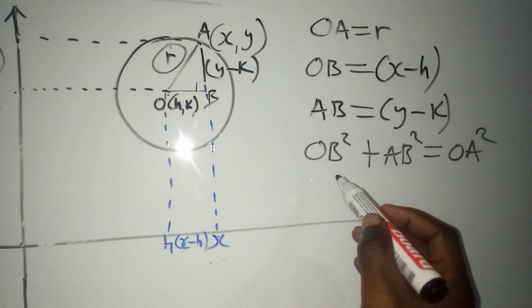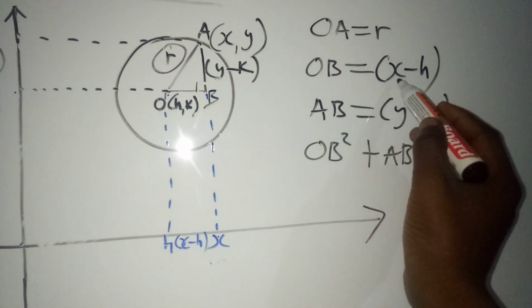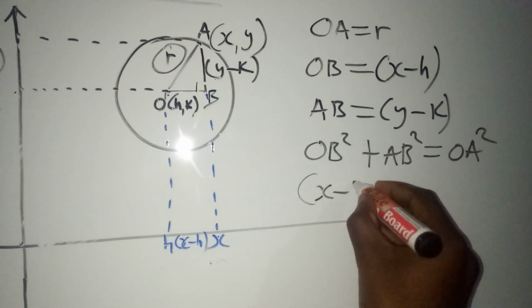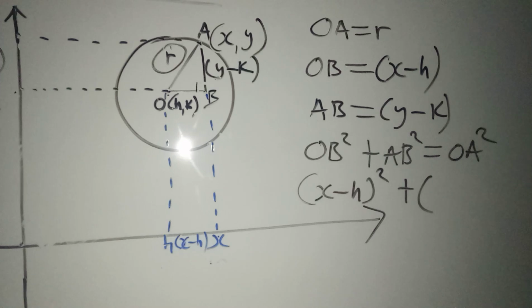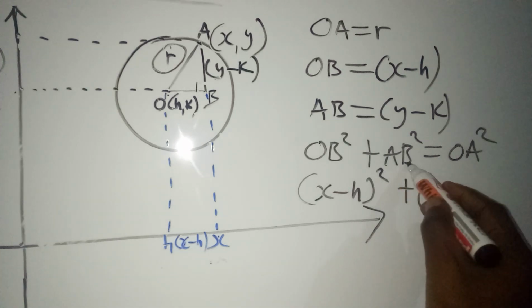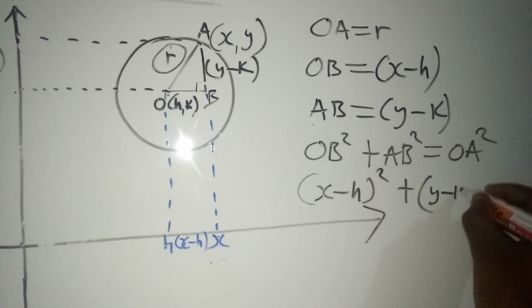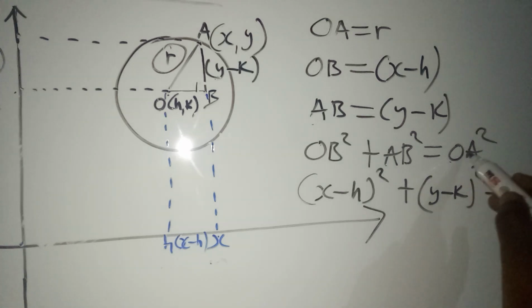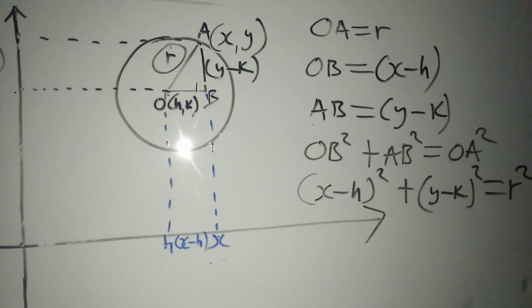Now, we have gathered the information. OB is x minus h, so we put x minus h squared, plus AB. Our AB is y minus k, so y minus k squared, equals OA, which is the radius, squared. So hence derived.